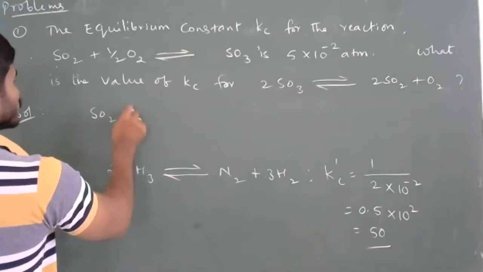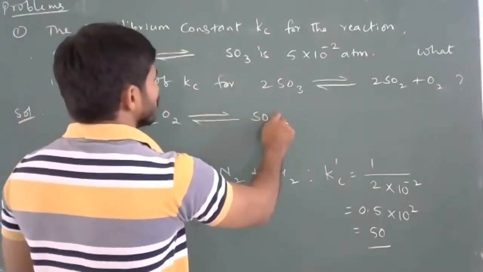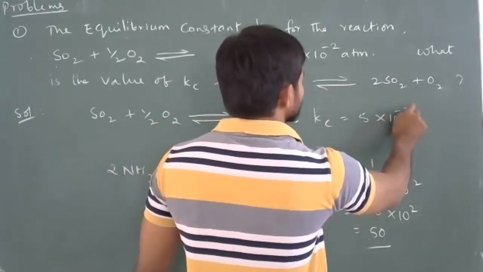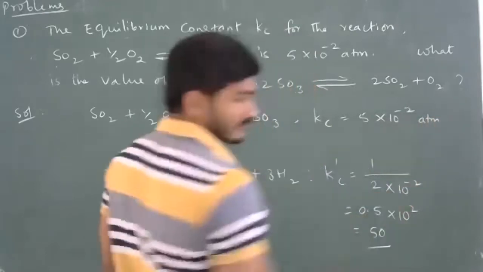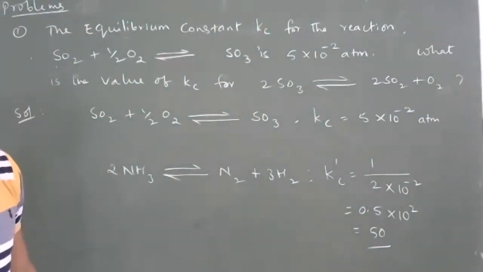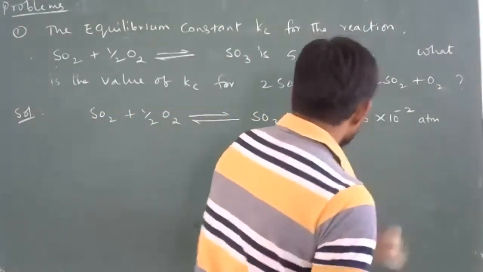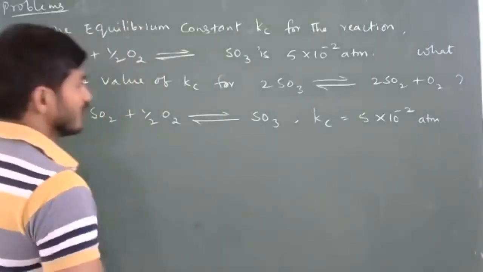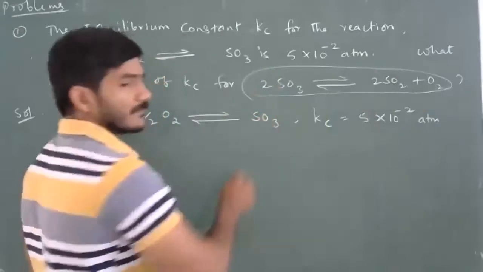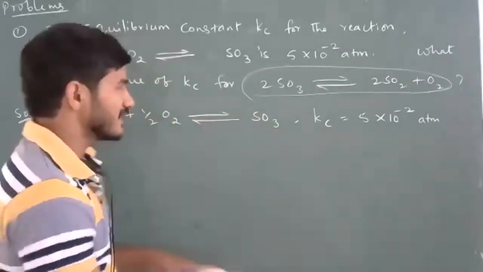Given equation is SO2 plus half O2 gives rise to SO3. The Kc for this is 5 into 10 power minus 2 atm. Yes, 400 is correct, Prajwal. Now this is our required equation, and from the given one we need to get this. So first I'll reverse the equation.